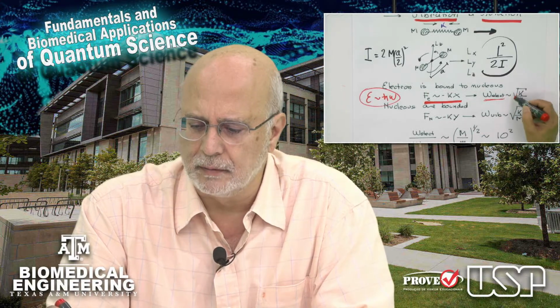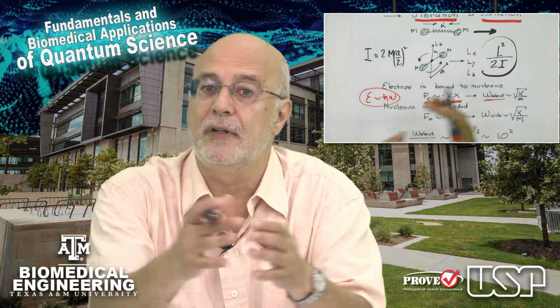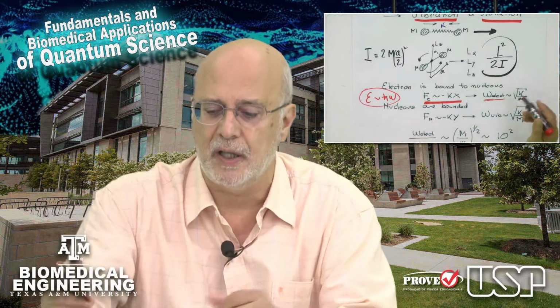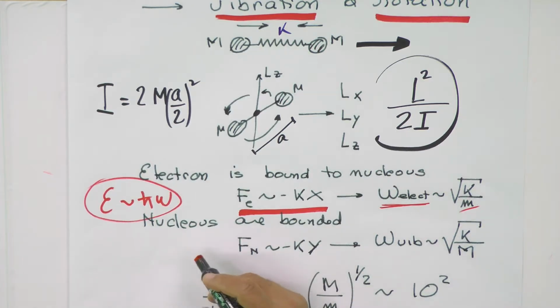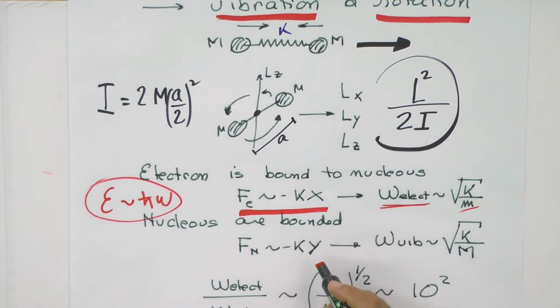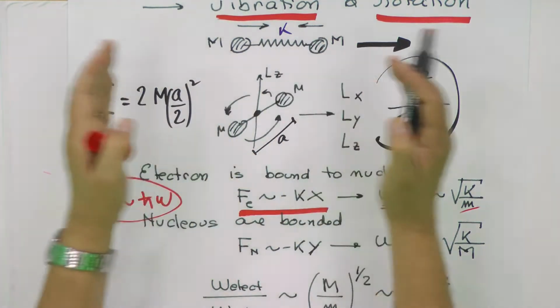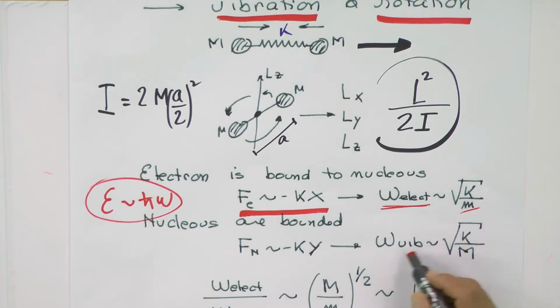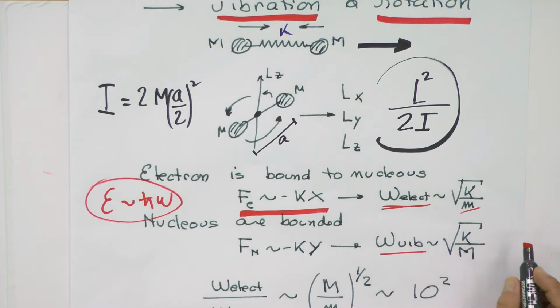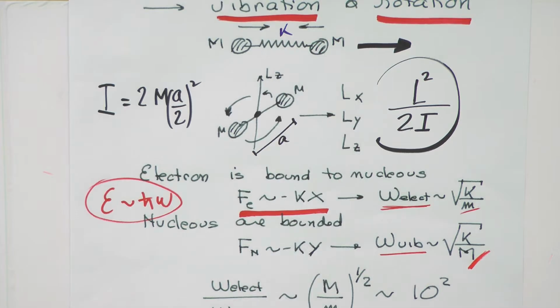So for the electron, the frequency of oscillation, if we see the electron bound to the nucleus and oscillating, is the square root of k over the mass of the electron. But when we look at the nuclei themselves, the force is minus k times the distance between the nuclei, or the variation. And the vibration in this case has a frequency given by the square root of k divided by the mass of the nucleus, not the mass of the electron.